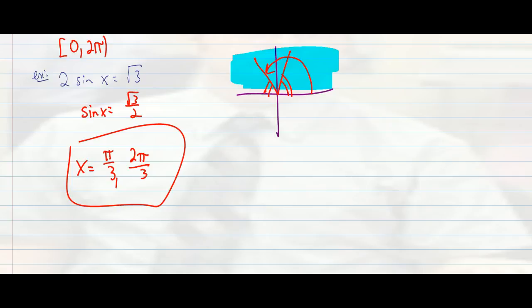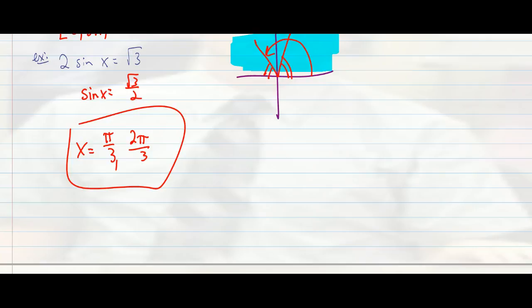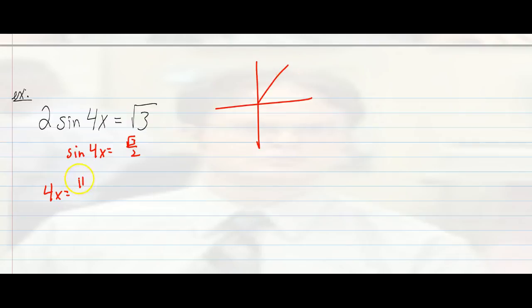And we're going to compare this problem directly with the next one. The problem we just worked on was sine of x, and this one is sine of 4x. So we'll start it the same way in that we will divide both sides by 2, and then we'll start solving for 4x. Because of the work that we just did, we know that one of the answers was pi over 3, and in the second quadrant we had another answer of 2 pi over 3.